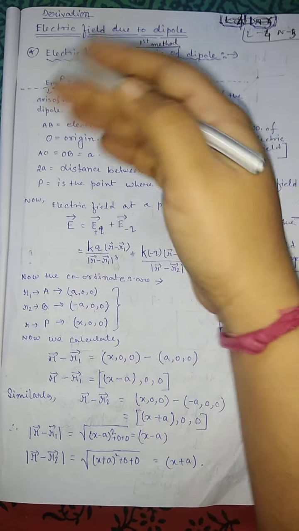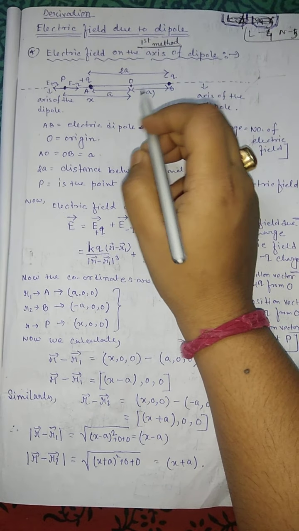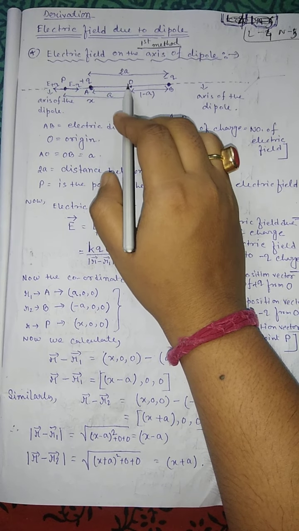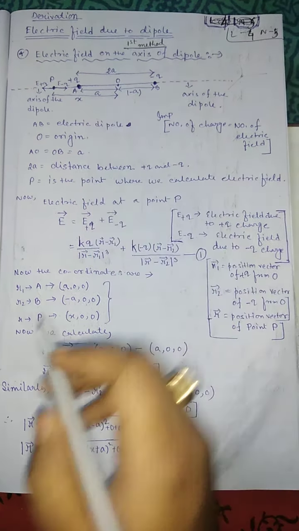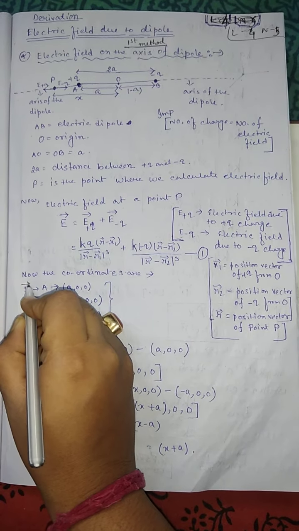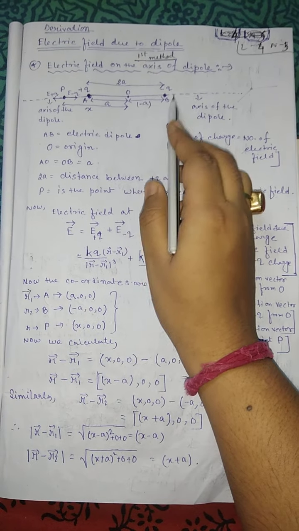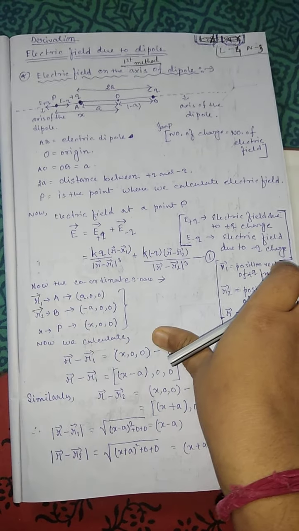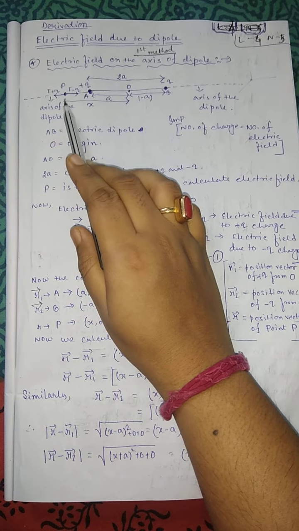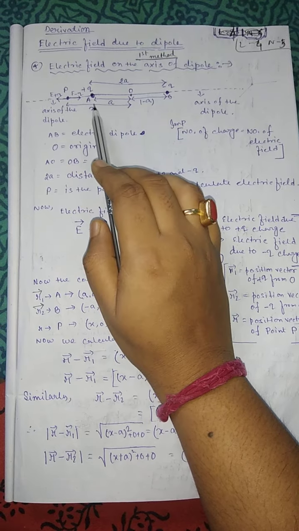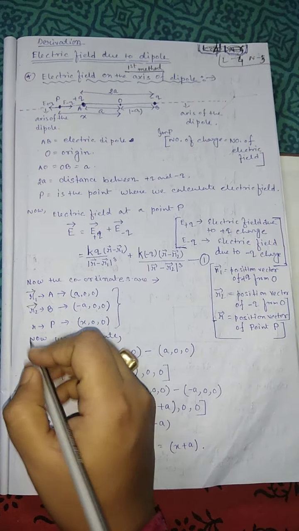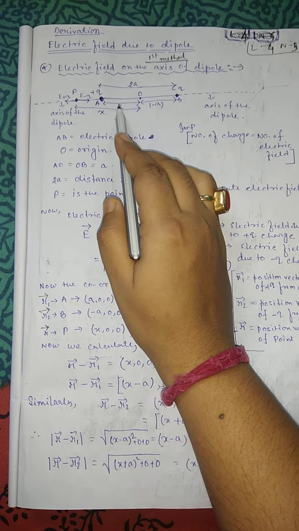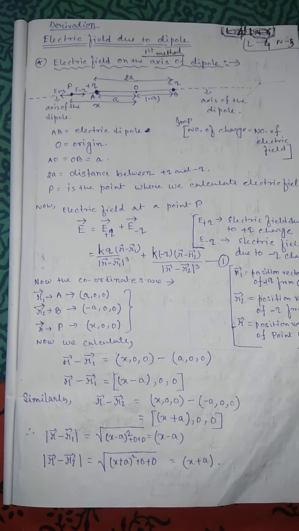Because we use vector form, we consider the position vector from O to A as r1, and from O to B as r2. Where we calculate the electric field, the point P, the position vector from O to P is r. Position vector and distance are two different things.